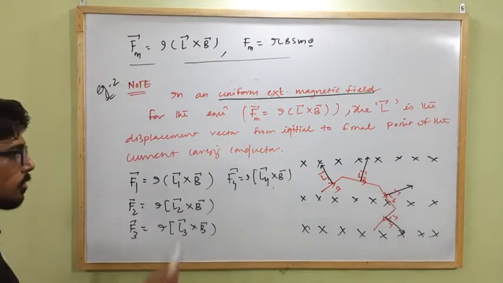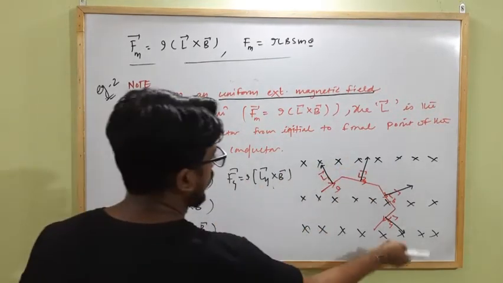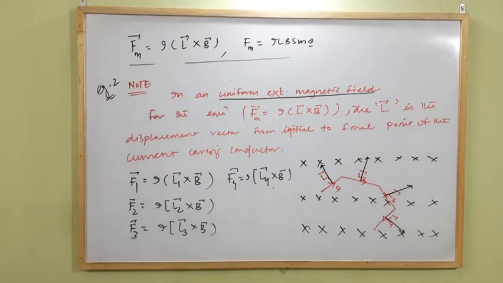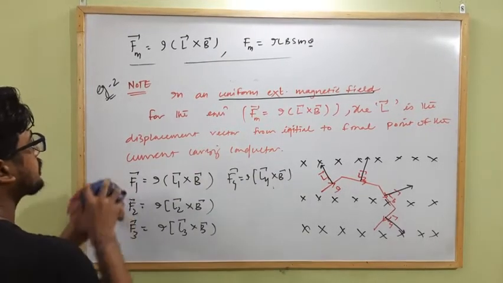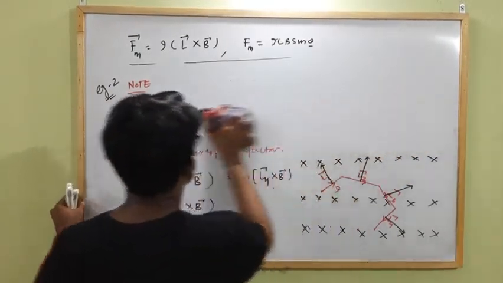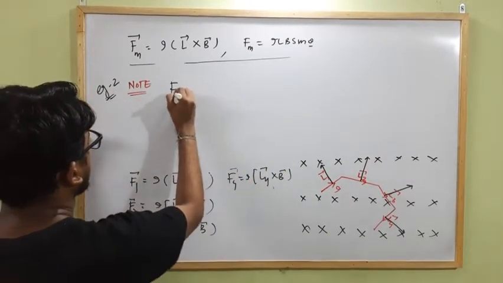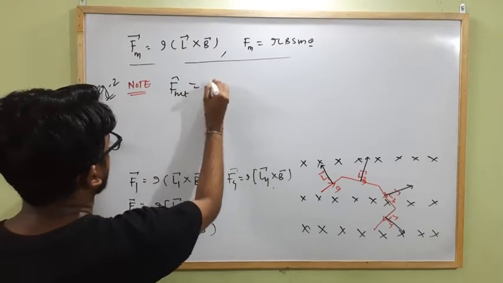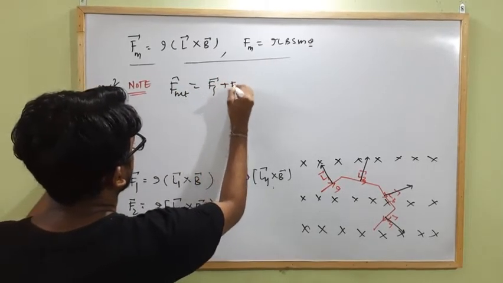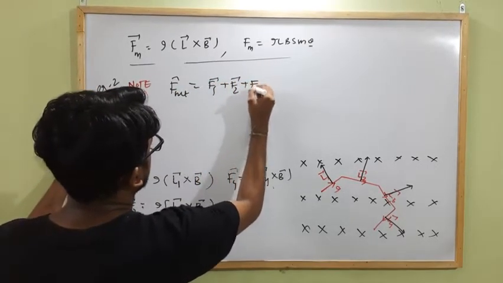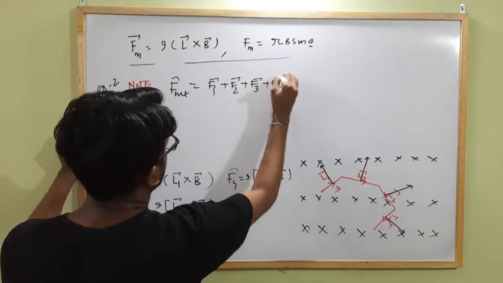So net force will be the vector sum of all these forces. F net will be F1 vector plus F2 vector plus F3 vector plus F4 vector.